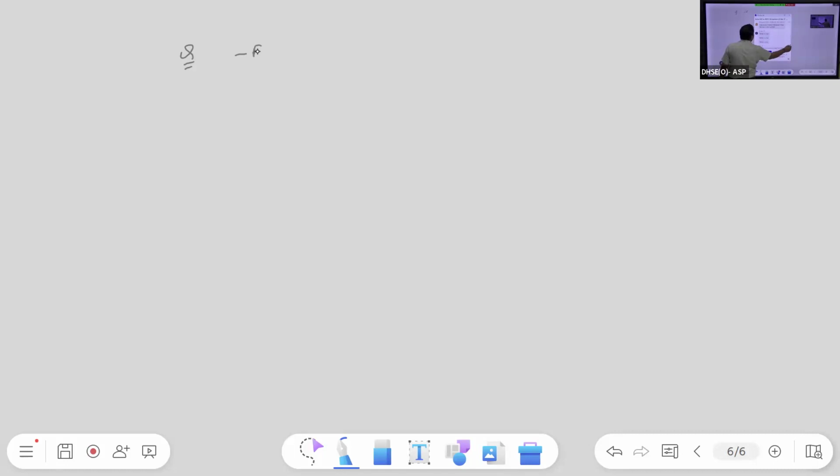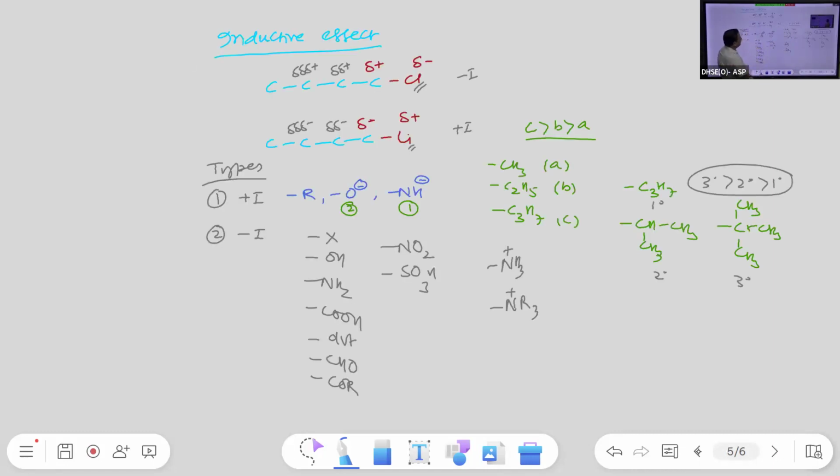CBA means, C is propyl, then ethyl, then methyl. So this is the power of plus I. That is, propyl is greater than ethyl, greater than methyl.